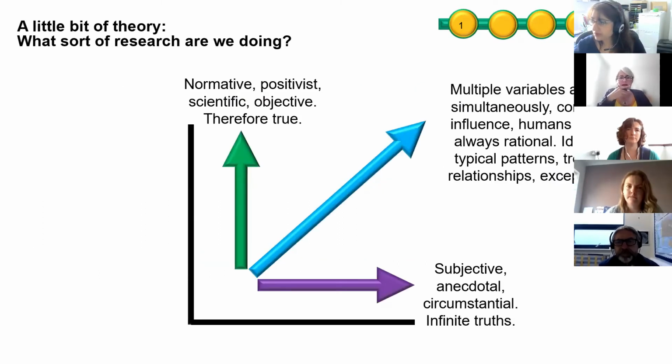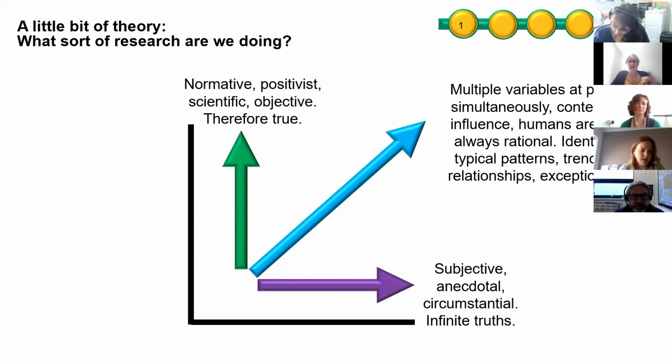Now, a little bit of theory. What sort of research are we doing here? As mathematicians, you may be more used to and comfortable with the green arrow, which is the normative positivist, scientific research. It tends to be quantitative, tends to be statistical, and its notion of truth comes from that proof through figures that something is the case.